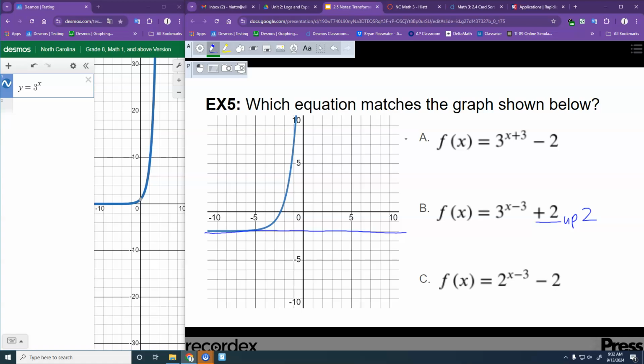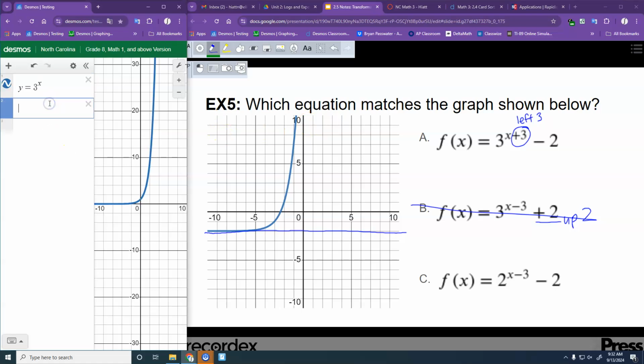It's moved down, right? So, I would throw out B right away. Which one do you guys think, A or C? Okay. Which direction does this go with that plus 3? That's left 3. But on this, always check yourself with Desmos to make sure that you are right.